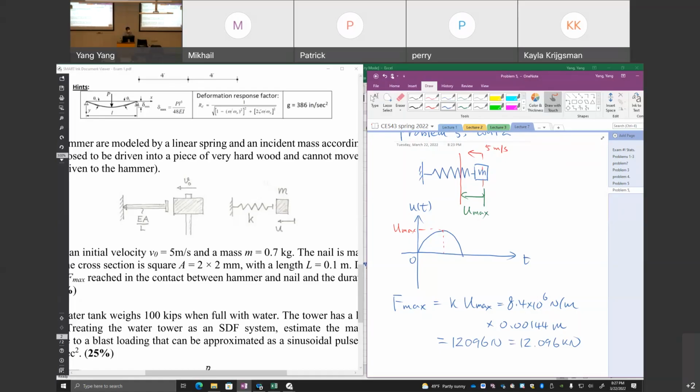But what is the duration of the contact between the hammer and the nail?